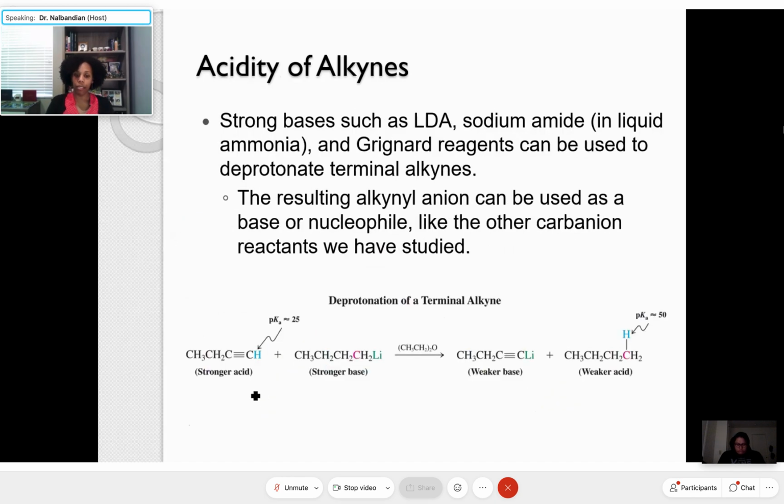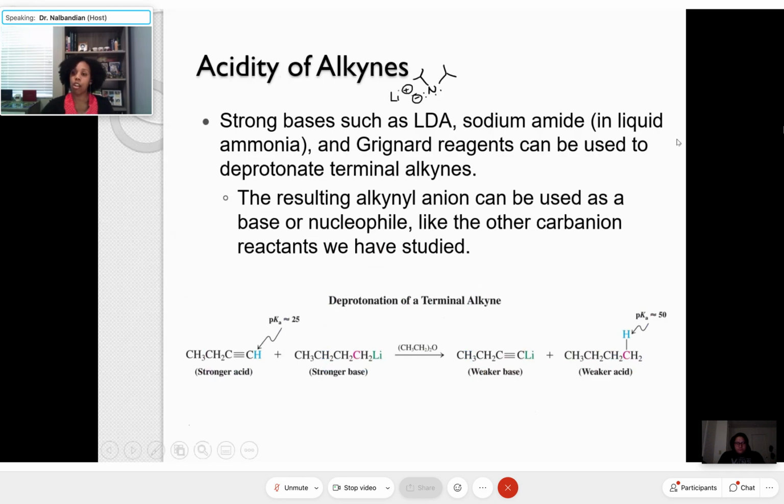So we're still talking about this acidity of our alkyne. If we have our alkyne and we add in a strong base, so what are our strong bases? Well, LDA is one, and you need to know the structure of LDA. If you're going to do a mechanism, you need to draw out LDA.